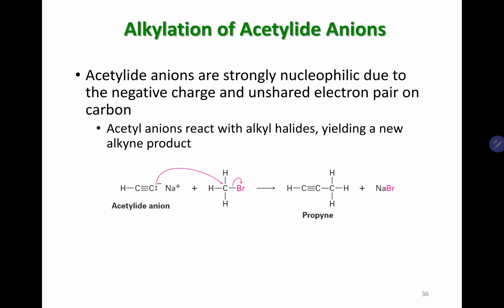These substitution reactions are like divorcing someone and remarrying someone else. You are substituting your partner. Here you are substituting a halide with the acetylide anion, so that is like a divorce and second marriage.